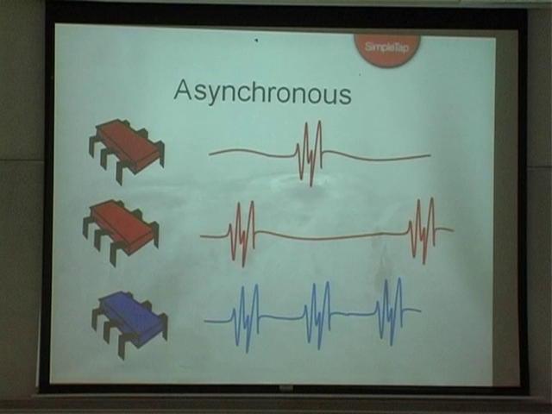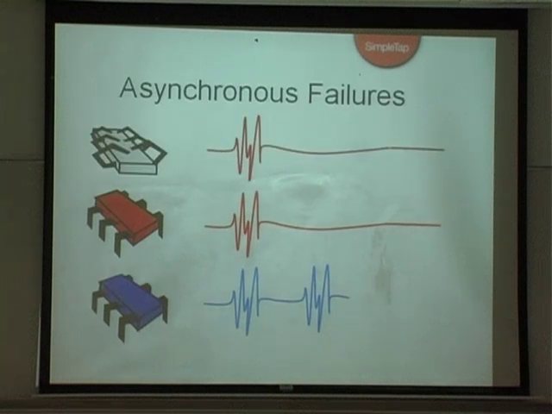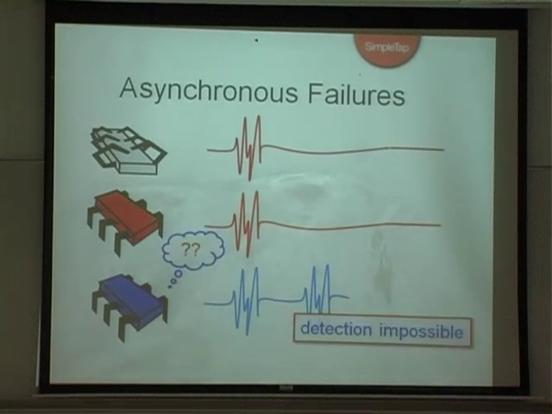So we have a justification for saying there's no bound on relative speeds, and the speeds can vary enormously over a period of time. Now, the thing about asynchronous failures is failure detection is typically impossible. You can't tell whether an unresponsive process is dead or whether it just went on vacation for a month.